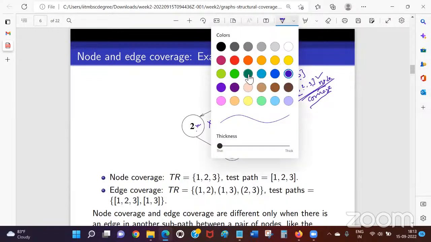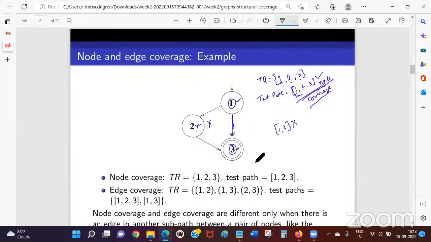Okay, let us go for edge coverage. If I want to go for edge coverage, what is my criteria? What is my test requirement?